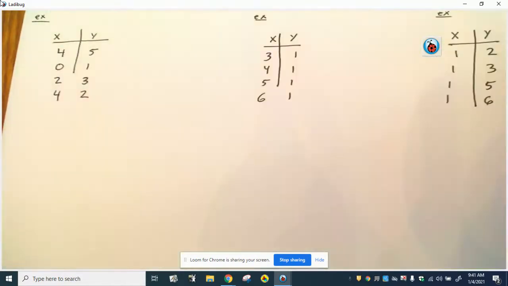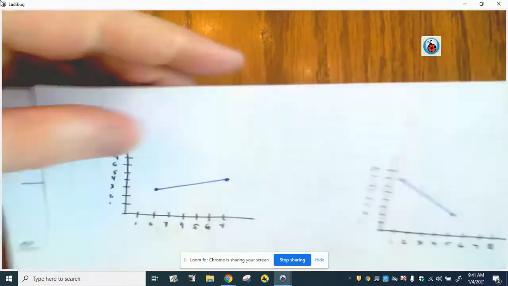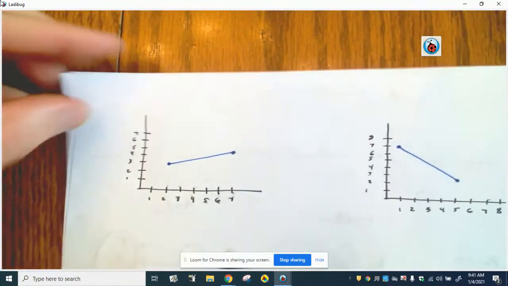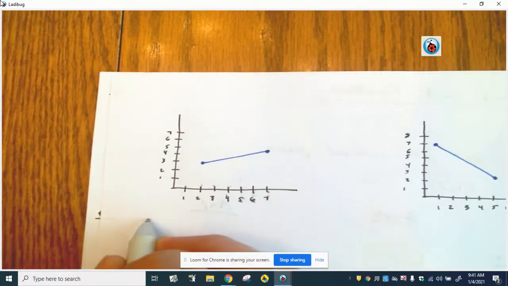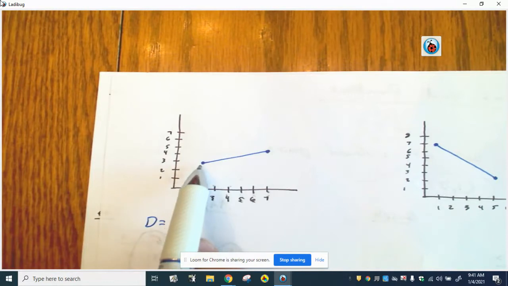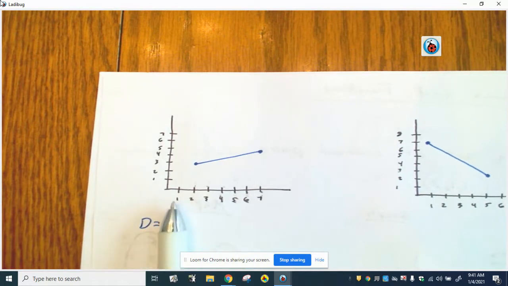It gets a little bit more complicated when it's given as a graph like this. But basically what we're going to do is we're going to say, what x values is this graph looking from? If we just look on the x-axis, where are there points?